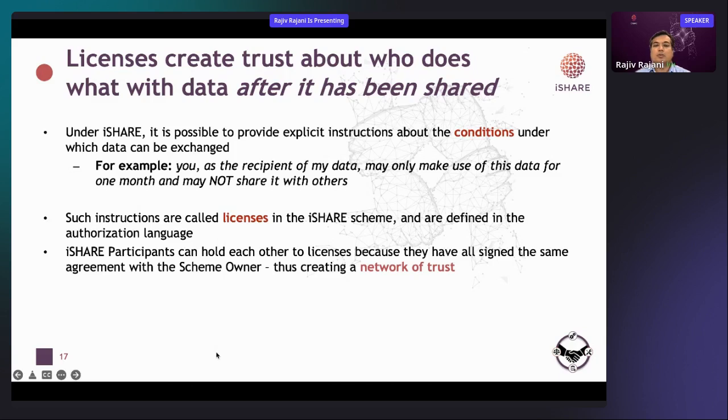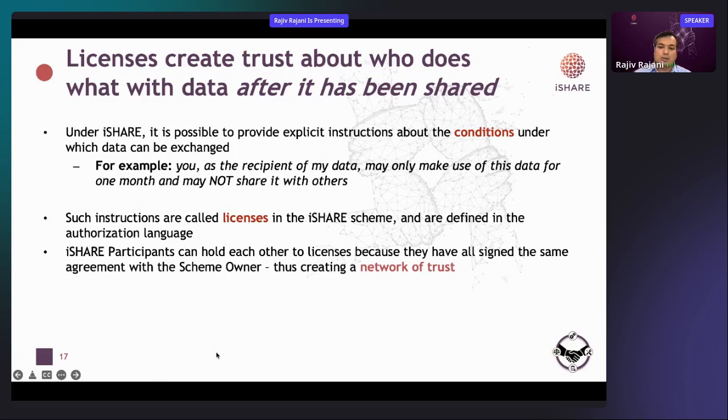And you will do that because, on one hand, you have legally signed that you will abide by the terms of use. And when I provide this data license along with the authorization to you, you first have to make sure that you, as a recipient of that data, can handle this data according to the licenses. If not, of course, then you are liable in case of misuse of that usage policy, right?